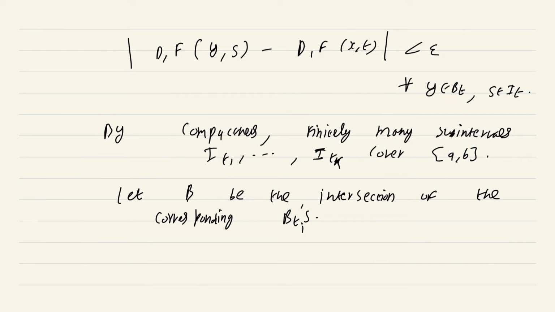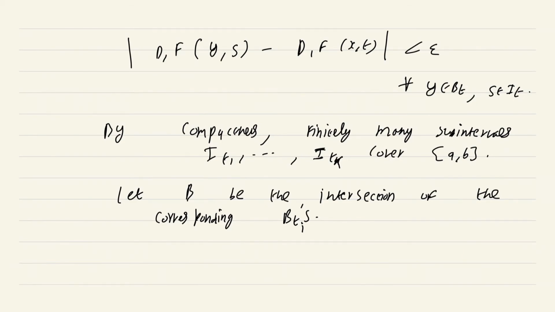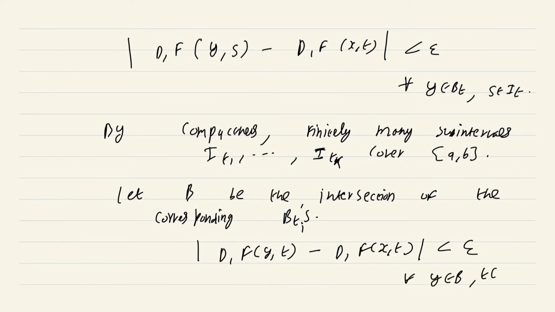Now we are taking the intersection of the corresponding BTIs. Once we take this intersection and apply this compactness argument, we get some sort of uniform continuity. We can conclude that the modulus of d1 of f of (y, t) minus d1 of f of (x, t) is less than epsilon for all y coming from the single ball B and t coming from 0, 1. So by applying this compactness argument, we get some sort of uniform continuity on the derivative d1.